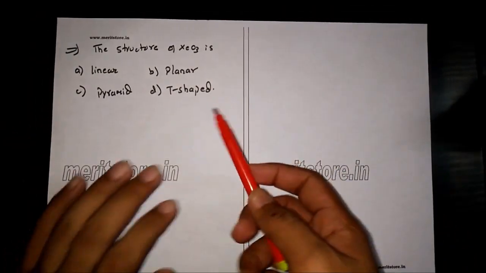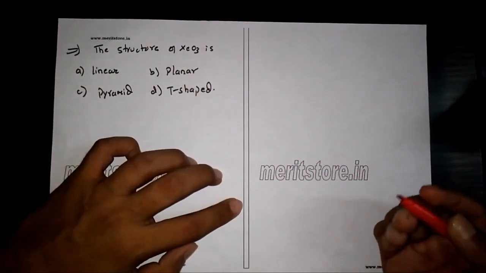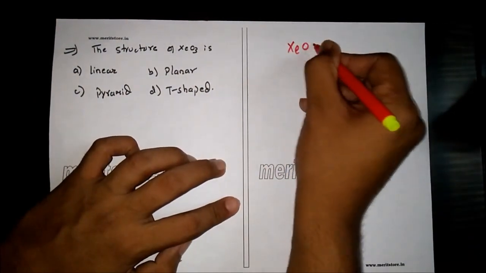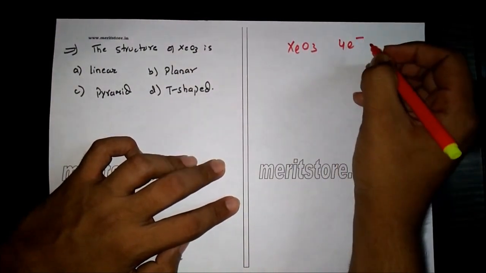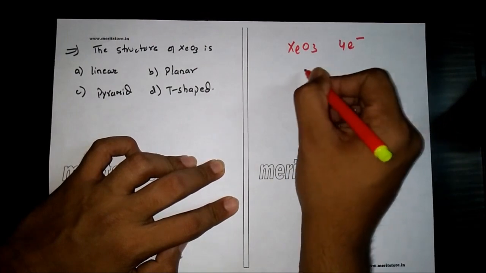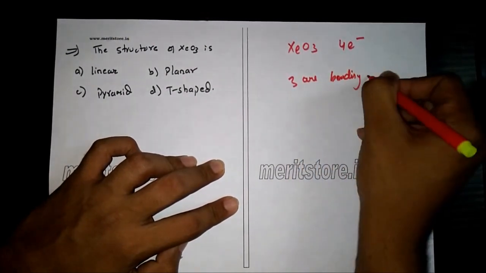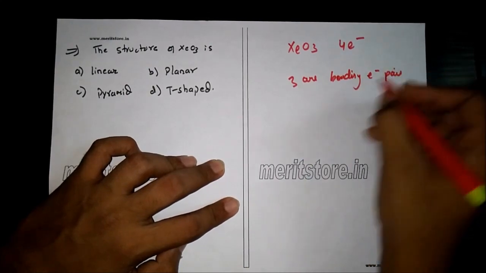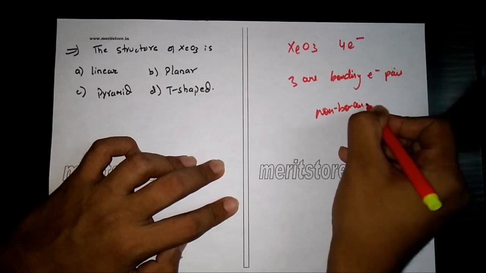The shape of XeO3 is A linear, B planar, C pyramidal, and D T-shaped. Now in XeO3 there are a total of 4 electron pairs around the central atom, out of which 3 are bonding electron pairs and 1 is a non-bonding electron pair.